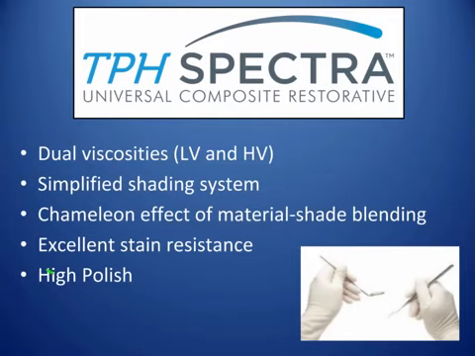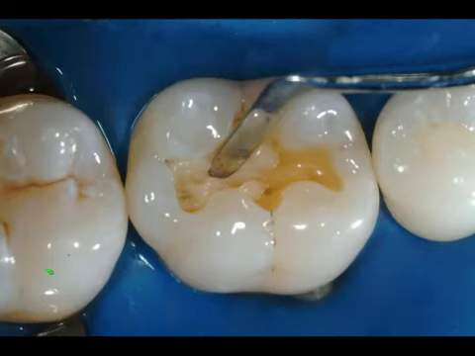Depending on technique, this would be an application of an LV material, a low viscosity material, and kind of a buttering technique where we're spreading that material along. That will just be individual clinician preference. My preference is for a packable feel. I like very stiff material when I'm packing in the posterior.